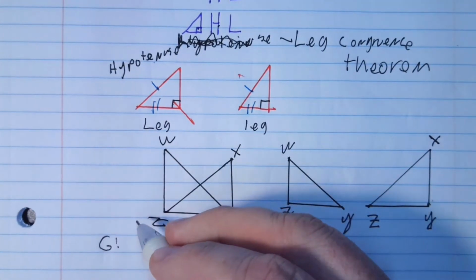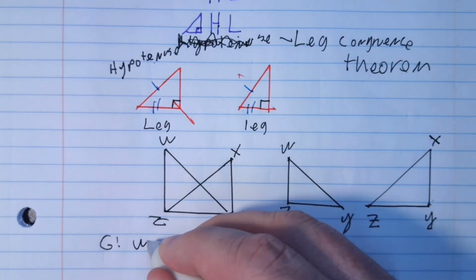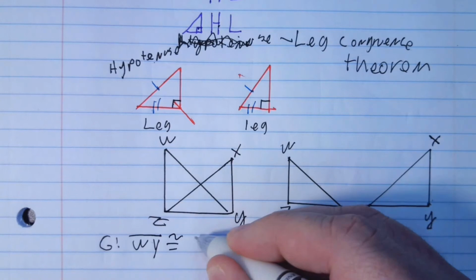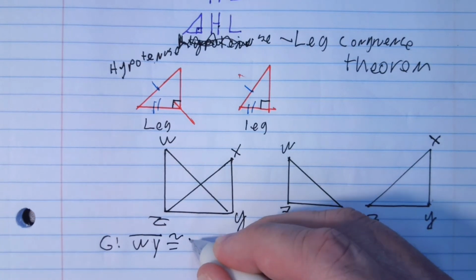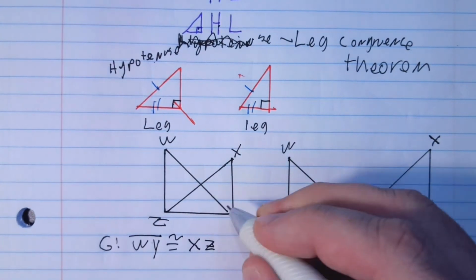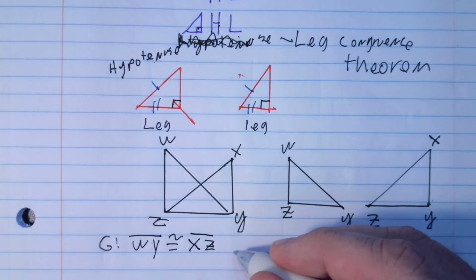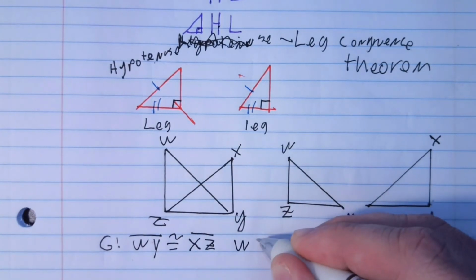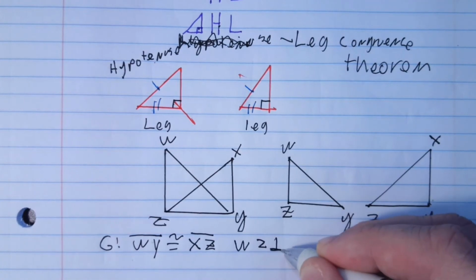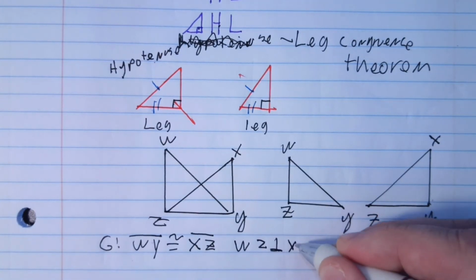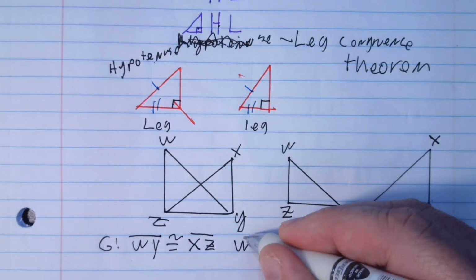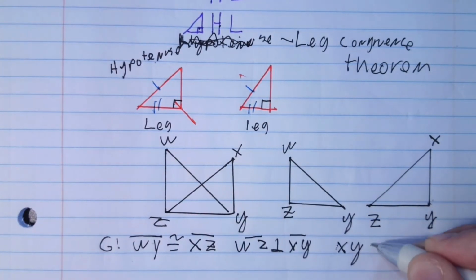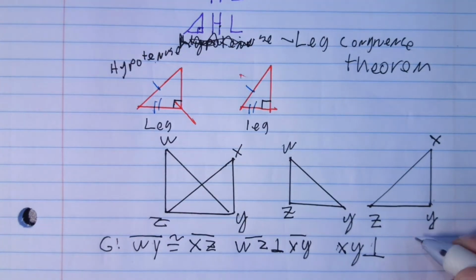Our given is going to be WY is congruent to XZ. So we're going to need to mark that. Also, WZ is perpendicular to XY, and XY is perpendicular to ZY.